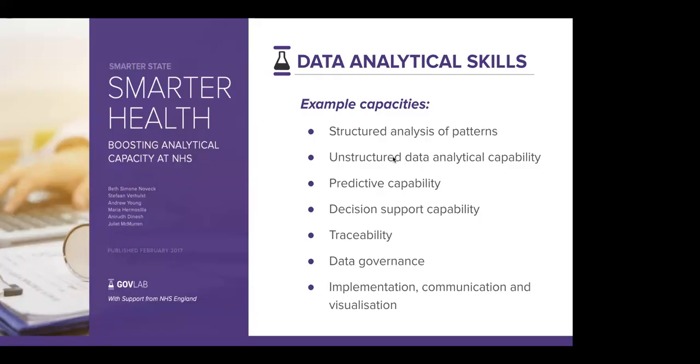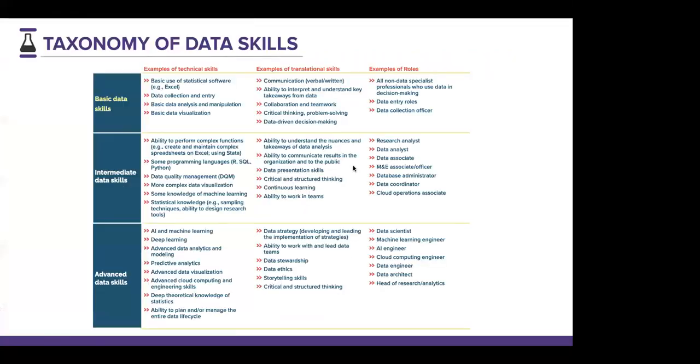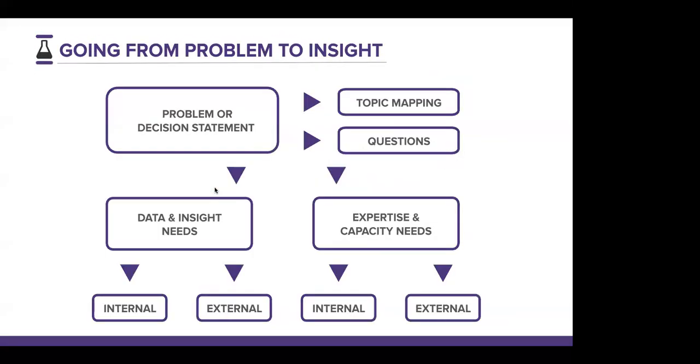That requires a particular kind of expertise as well. There are other taxonomies that can be used on the kinds of skills that are required, and I will share this slide so that you can use it to understand what data skills are already in your organization that you can tap into.